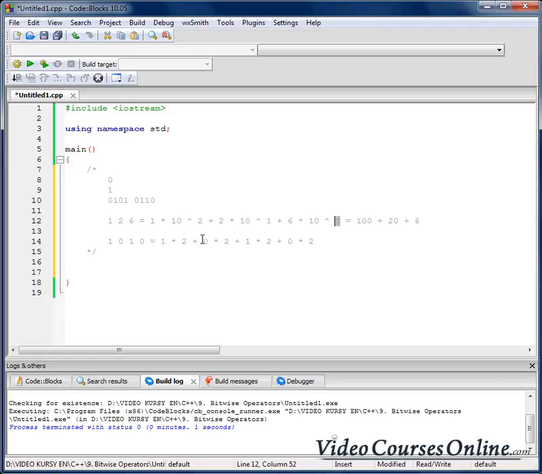Okay, so here is how it should be: 2 raised to the power of 0, 1, 2, 3. So, to the power of 3. 0 multiplied by 2 to the power of 2. 1 multiplied by 2 raised to the power of 1. 0 multiplied by 2 raised to the power of 0.